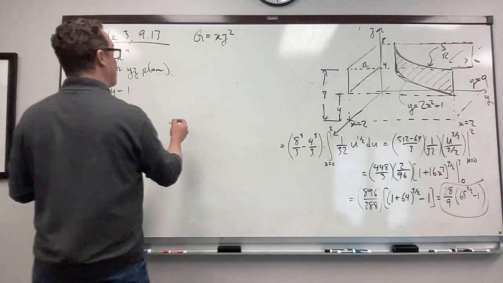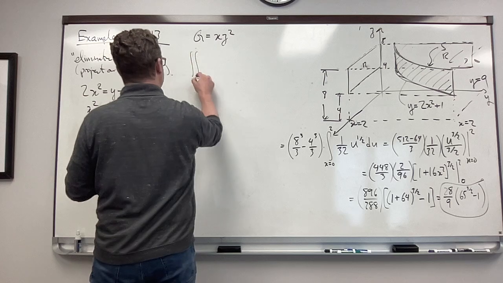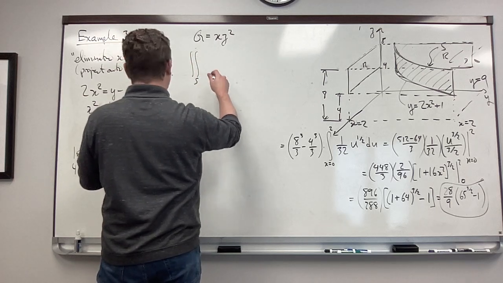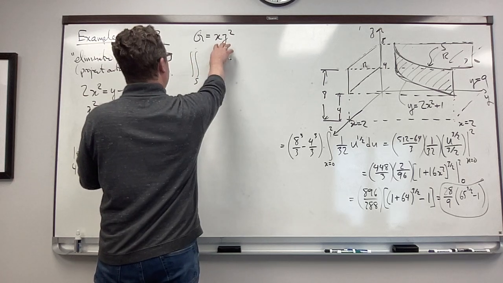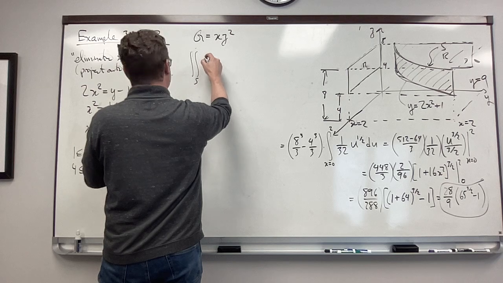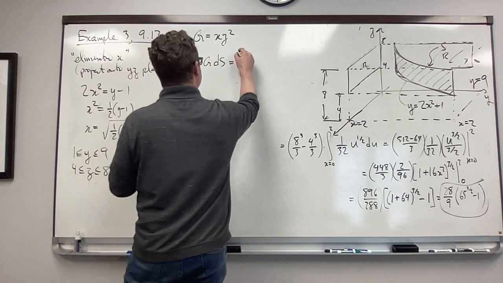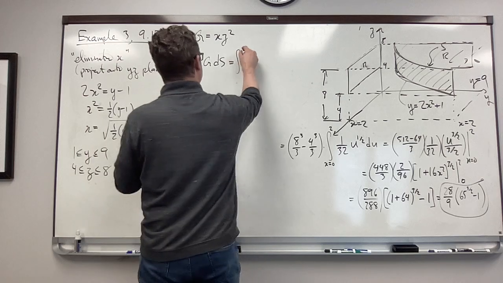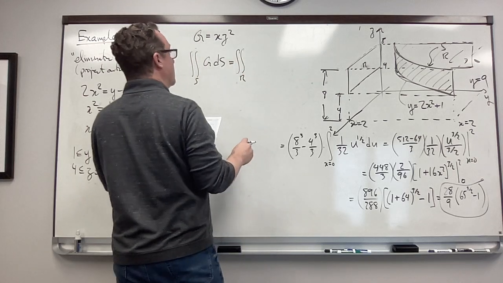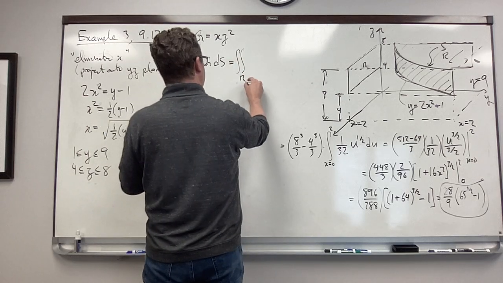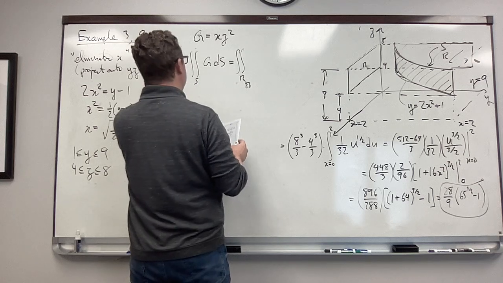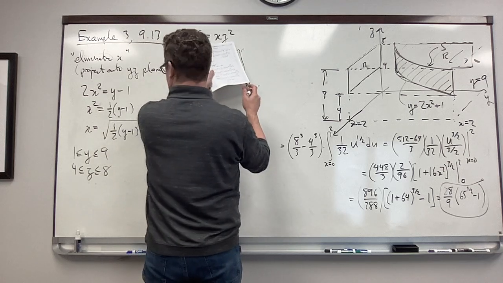Okay. So our integral would become this, and now we have to limit x inside here. So we have g ds, well I'll just write this for a second. This is going to be r, our yz version.